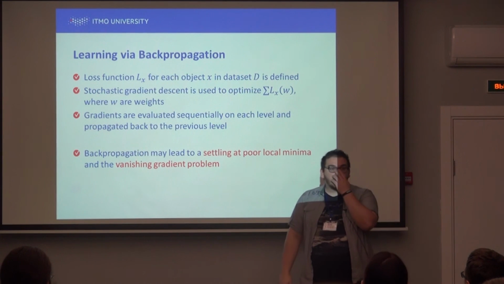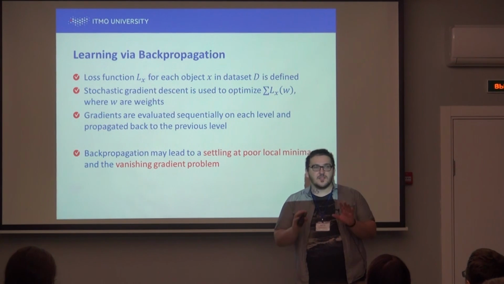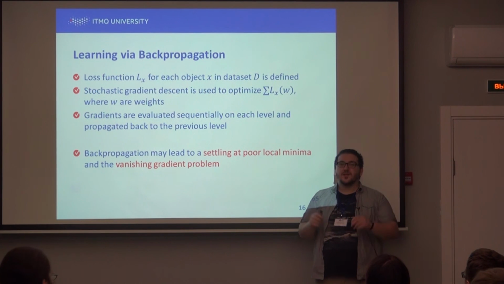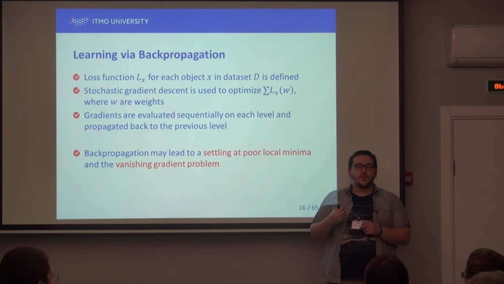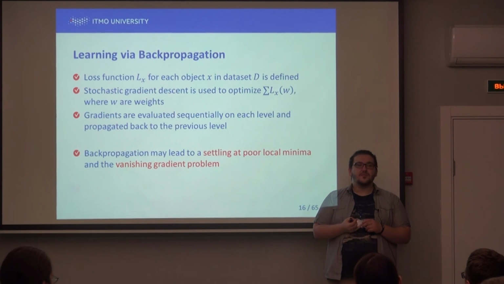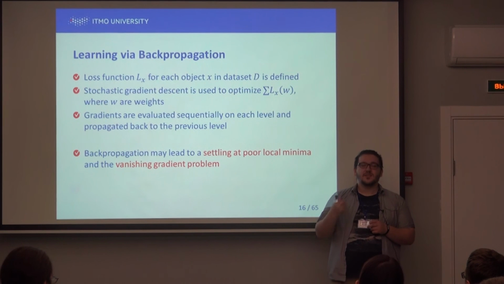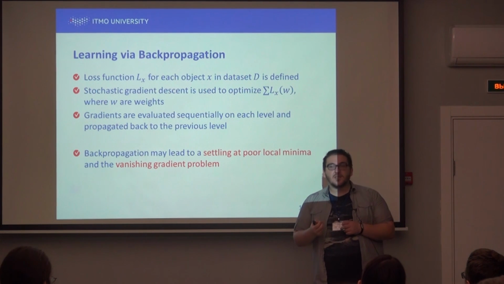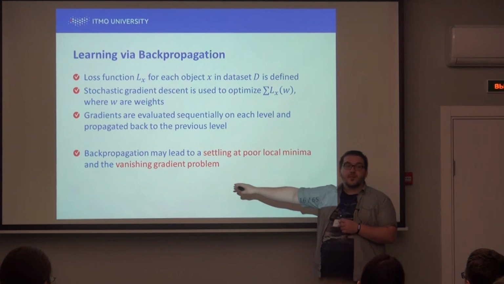However, this algorithm is very good for learning networks with 1 or 2 layers, but it's stuck with networks which have more than 2 layers, because of the so-called vanishing gradient problem.